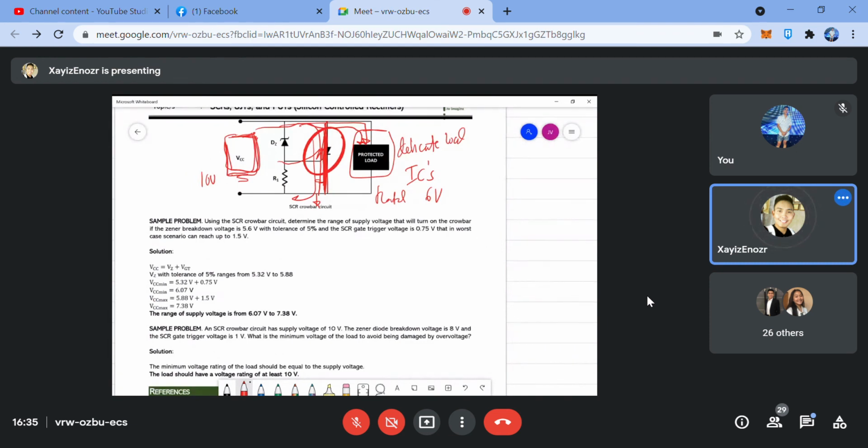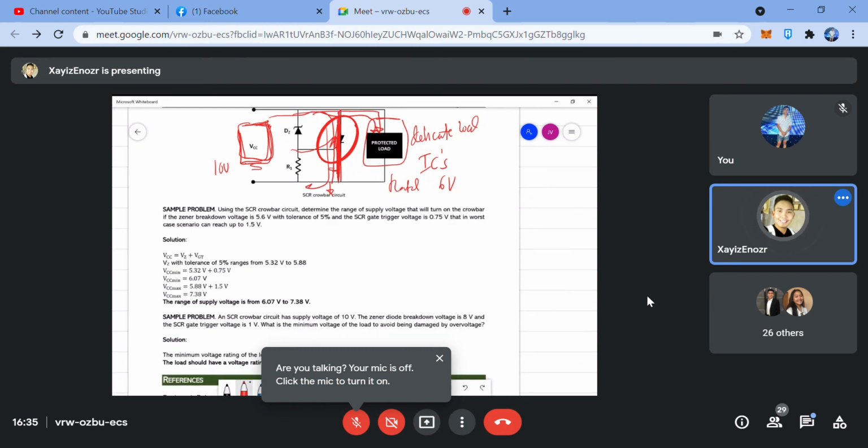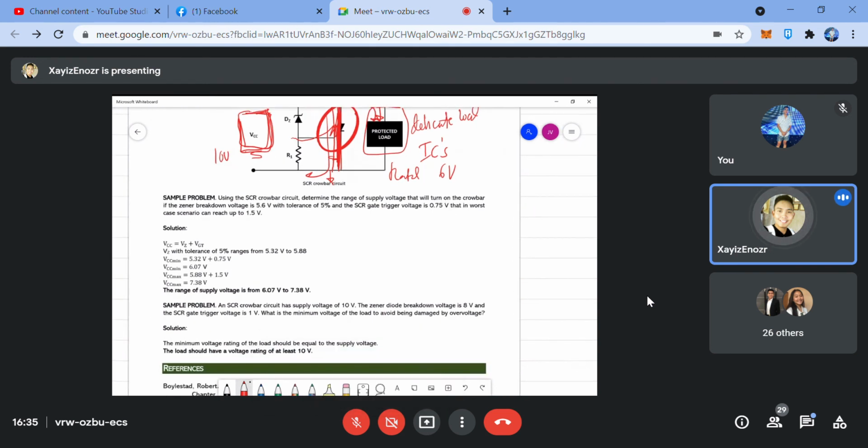Ano daw yung range ng VCC mo para ma-activate yung SCR? Okay, tingnan natin. So, ang formula natin is VCC = VZ + VGT.